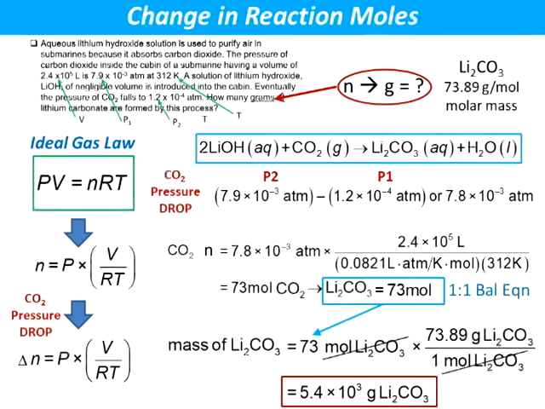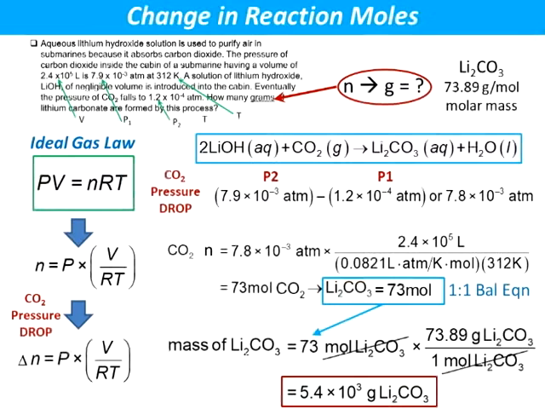We would then take the 73 moles of carbon dioxide and convert it to moles of lithium carbonate using standard dimensional analysis approaches. In this case, we observe in the balanced equation that the molar ratio of carbon dioxide to lithium carbonate is 1:1.